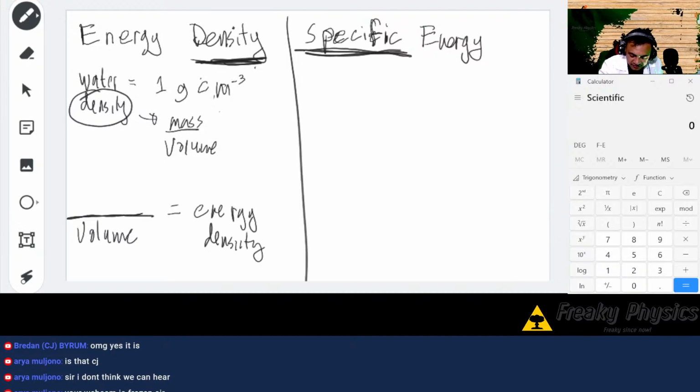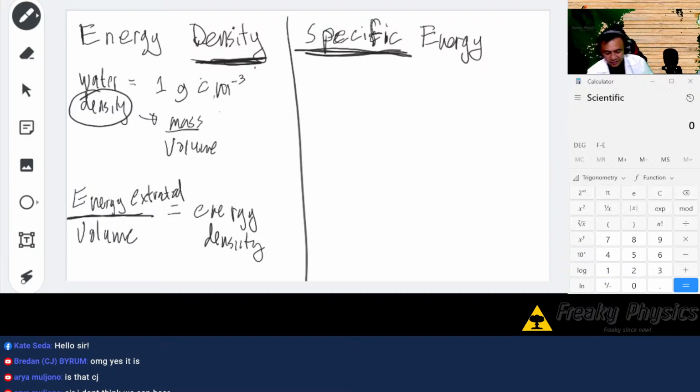Here we're gonna divide the energy output or energy extracted. So energy extracted per unit volume is energy density. I know it sounds a bit weird, but it's gonna become more clear when we connect this to a modern problem.